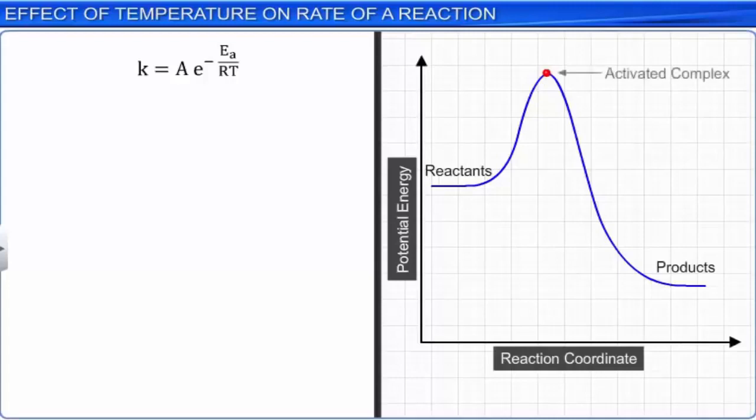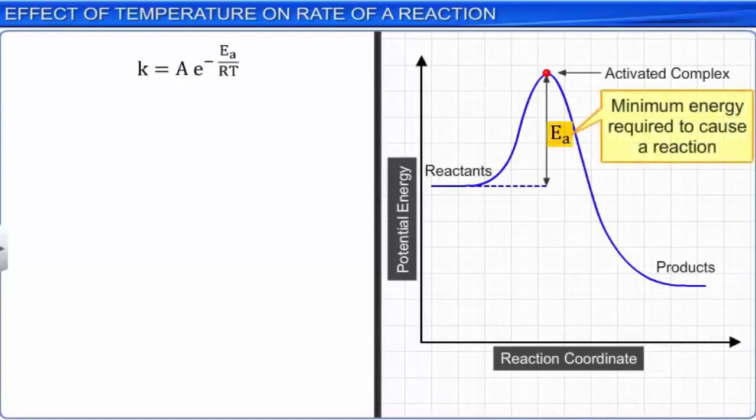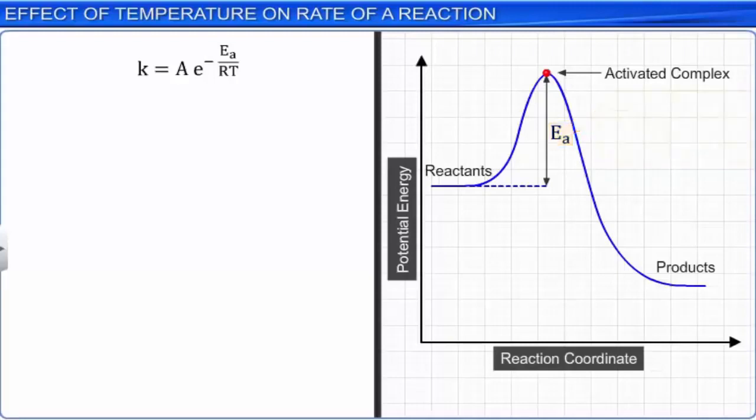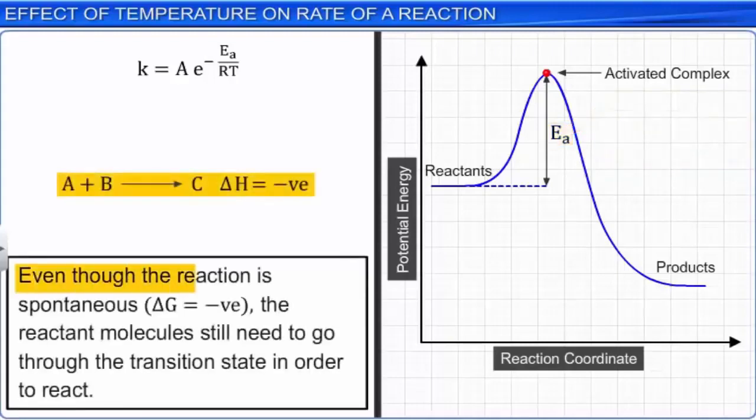The energy required by the reactant molecules to reach this transition state is known as activation energy, Ea. In other words, this is the minimum energy required to cause a reaction. Even though the overall delta G of the reaction may be negative, the reactant molecules still need to go through the transition state in order to react.